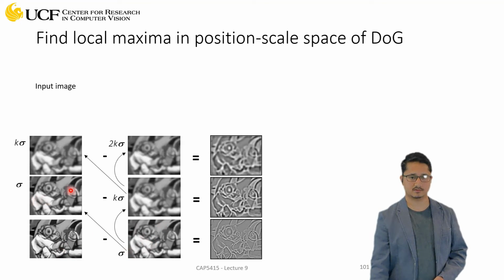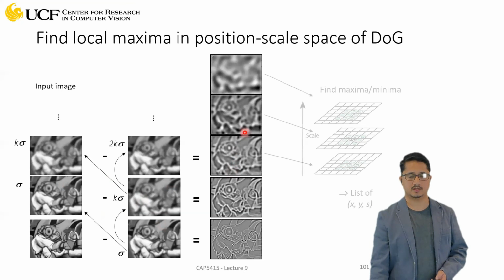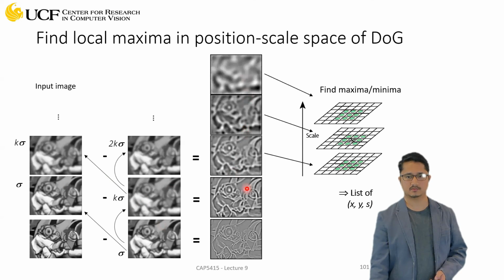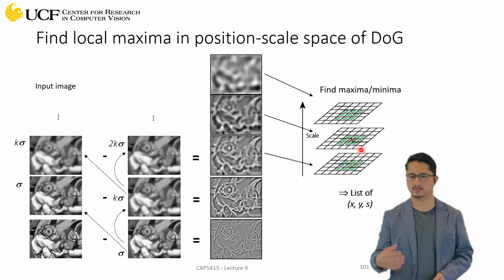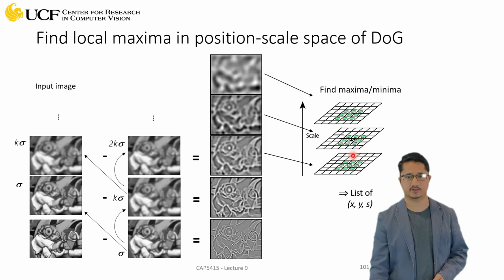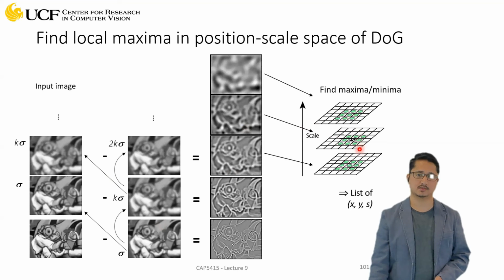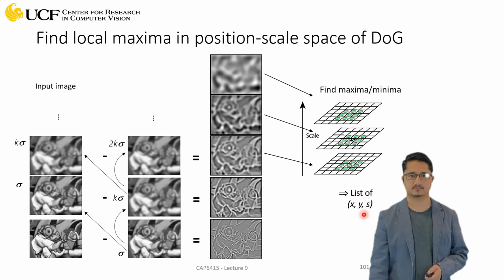So you can keep doing that as you increase your standard deviation. And at the end, you will take these and you will figure out what the key points are. Again, this is the same step, it's nothing new. For each pixel location, you're just trying to figure out whether this is a maxima or minima. If it is, that will be the list of key points.